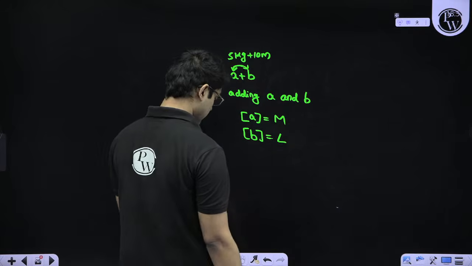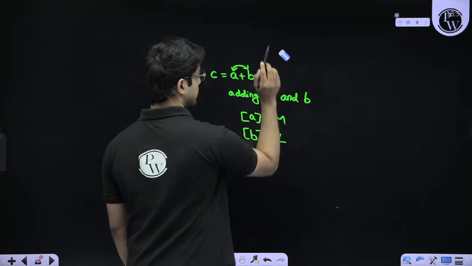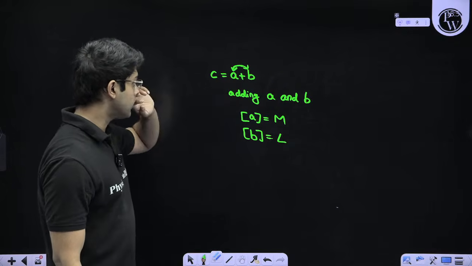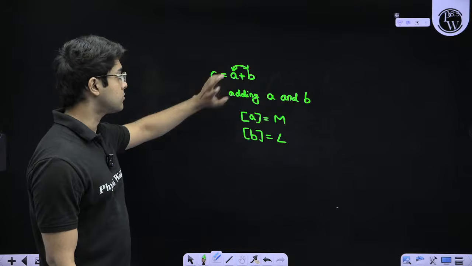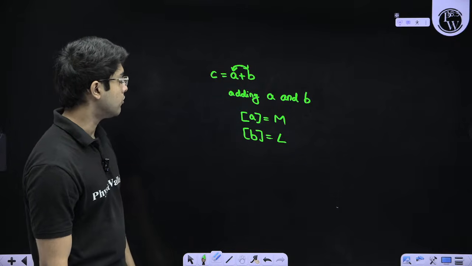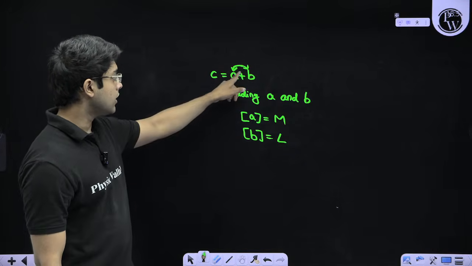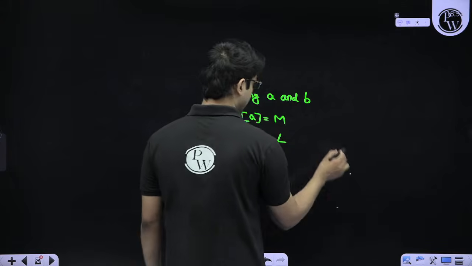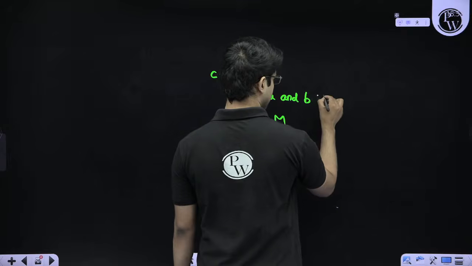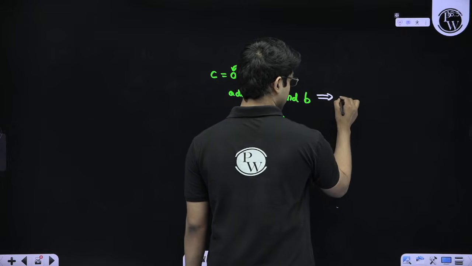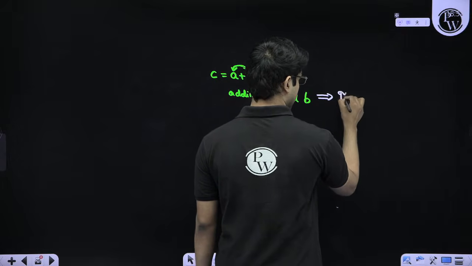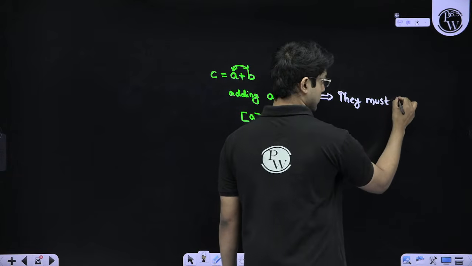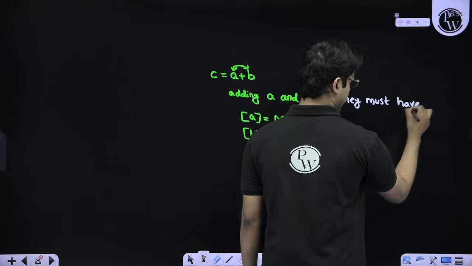You're adding random stuff. So if you are adding two quantities, okay, this is an important thing from exam point of view as well. If you see any two quantities being added, then they must have the same direction, right? Sorry, not direction, dimension. They must have the same dimension. Otherwise, you can't add them.